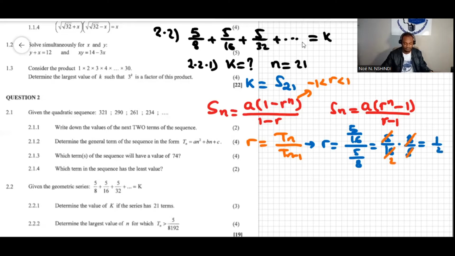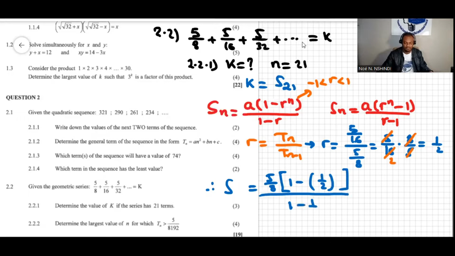Therefore, Sn will be equal to a, which is the first term, 5/8, and then I prefer to use square brackets 1 minus 1/2, r to the power of n, all over 1 minus 1/2. So doing 21 terms, n is 21.